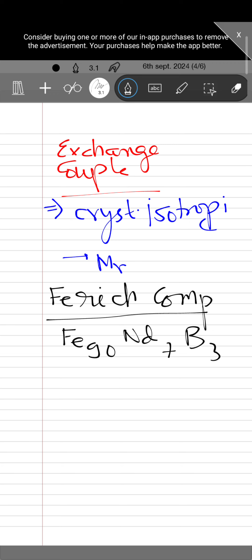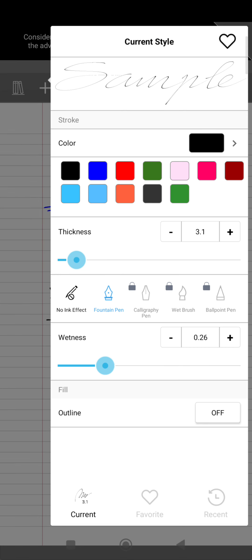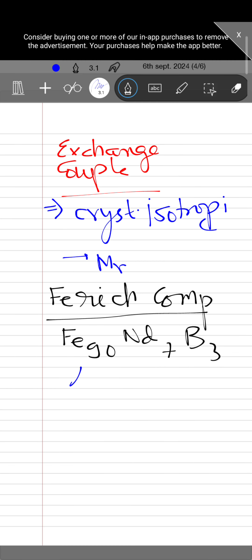This compound results in a mixture of a hard and a soft phase.